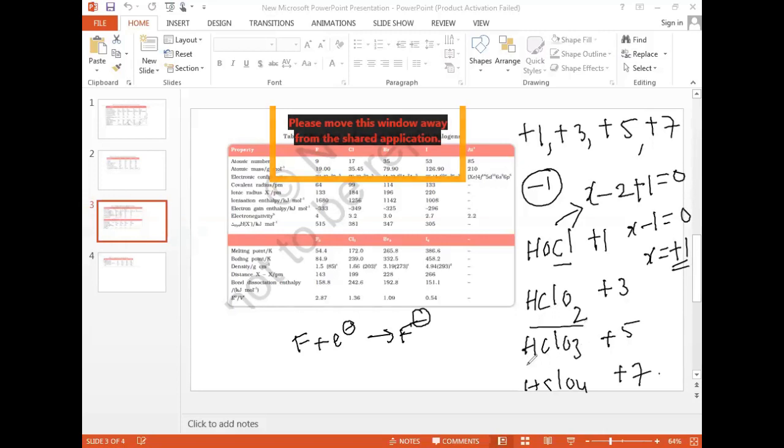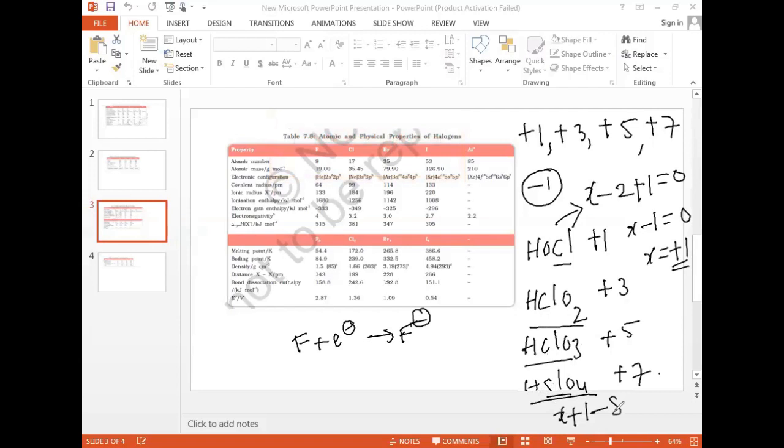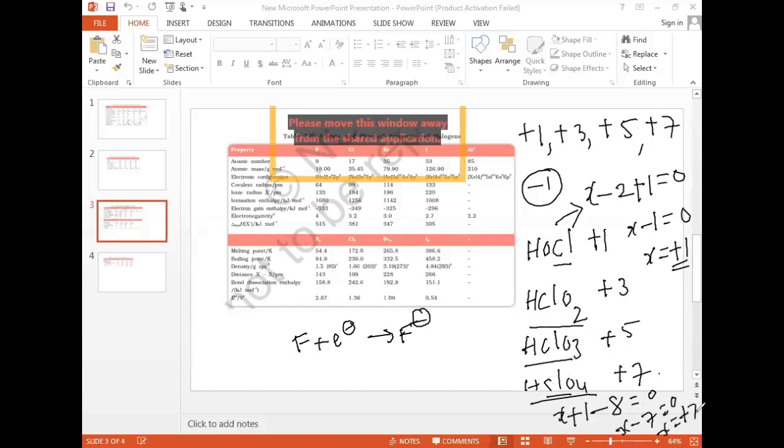Simultaneously, you can do this all the places. Even if you take this particular one, X, for hydrogen it is +1, for oxygen it is -8, equal to 0. X - 7 is equal to 0. X is equal to +7 we can take.